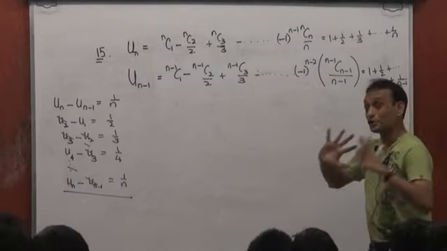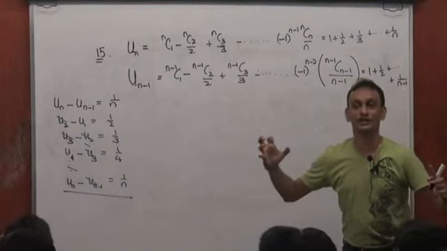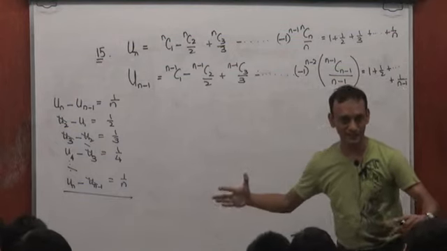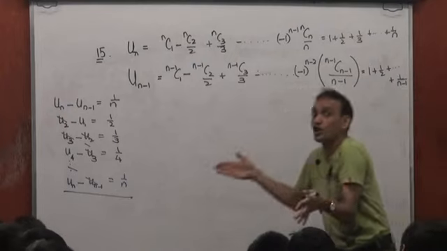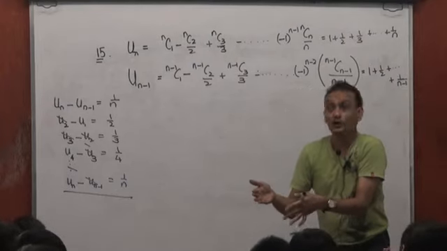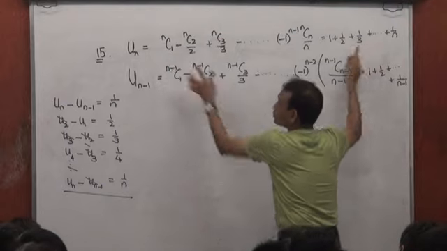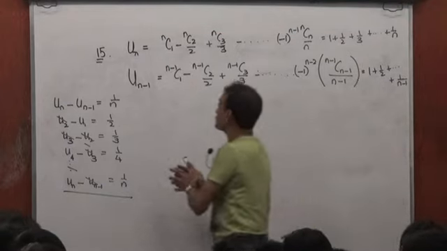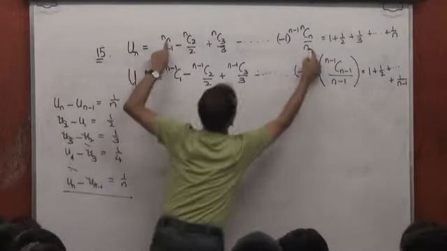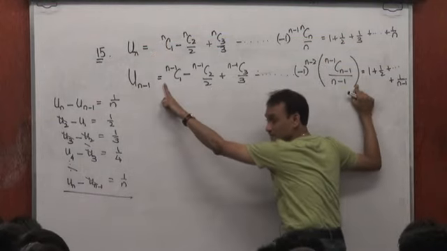So then, the blueprint of the solution is there with us. The bigger problem has reduced to a smaller problem. The bigger problem is this. The smaller problem is: choose un as this expression, un minus 1 then would be this.